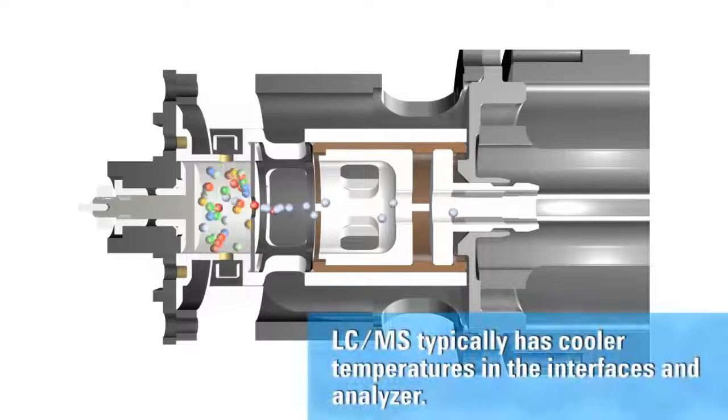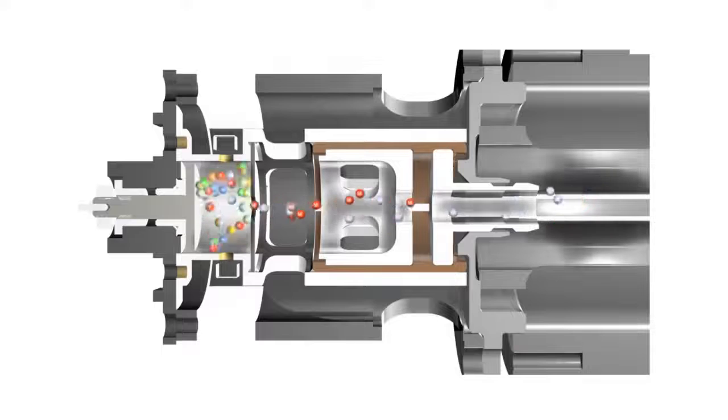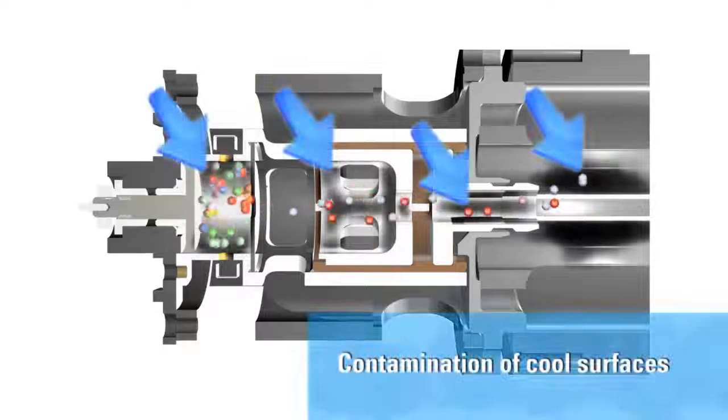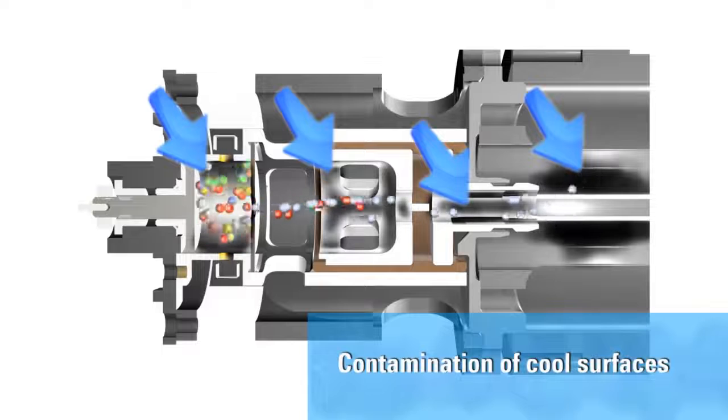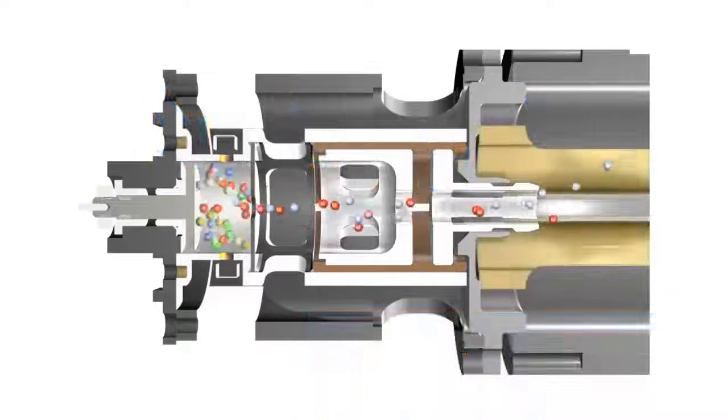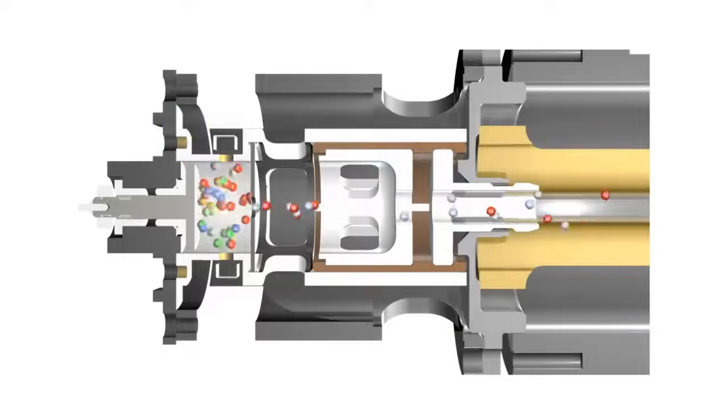For an LC atmospheric pressure source like ESI, metal quadrupoles at temperatures of 100 degrees Celsius are perfectly adequate and commonly used. But for GC-MS-MS analysis, metal surfaces at this temperature will quickly become contaminated. The Agilent 7000A uses a combination of proprietary and patented technologies to avoid contamination problems and ensure robust, high-performance operation.